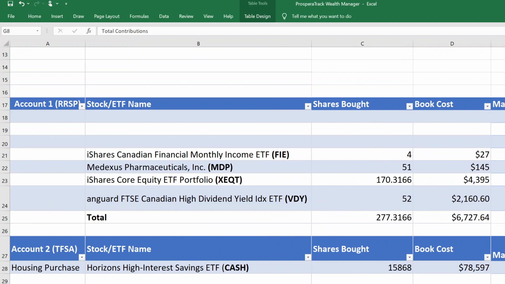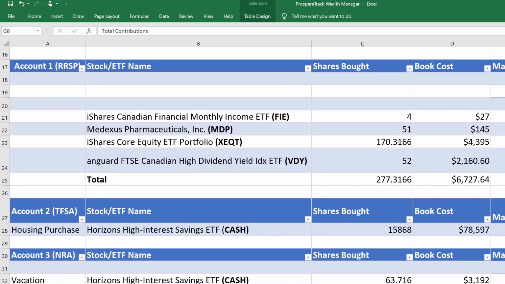Overall, the total amount of shares that I own currently altogether for this particular account is listed here. Similarly, the total book cost for this particular account is listed here, and the total market value of all the products together is listed here.